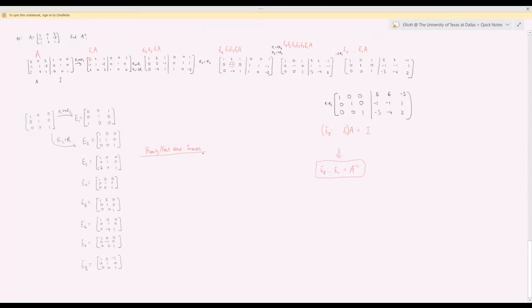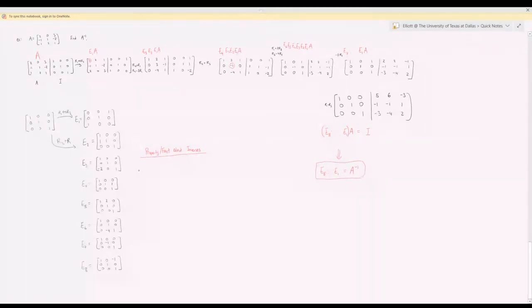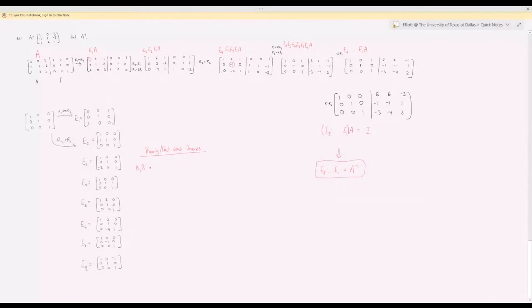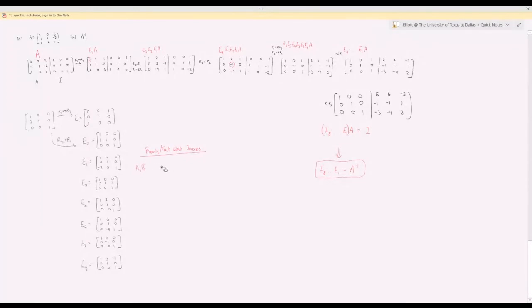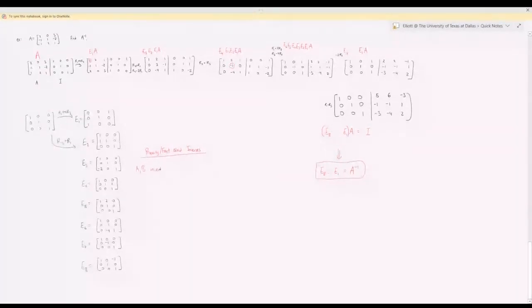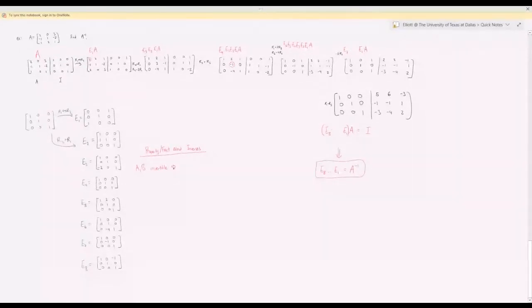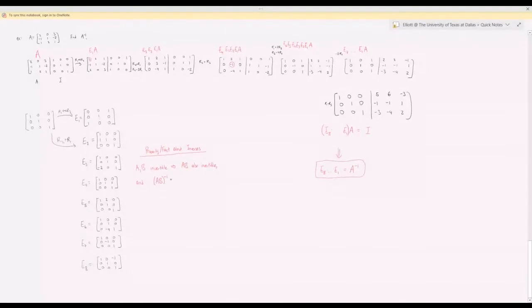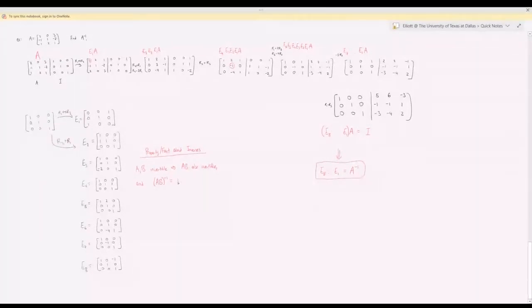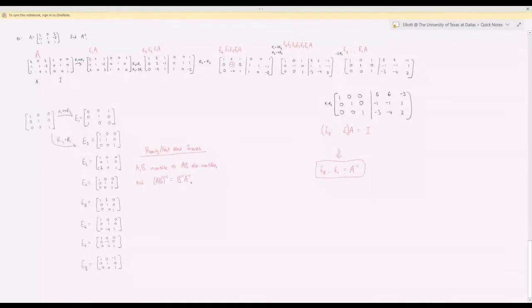The property that I want to mention is if two matrices A and B are both invertible, then their product AB is also invertible. And furthermore, the inverse of AB is equal to B inverse times A inverse.